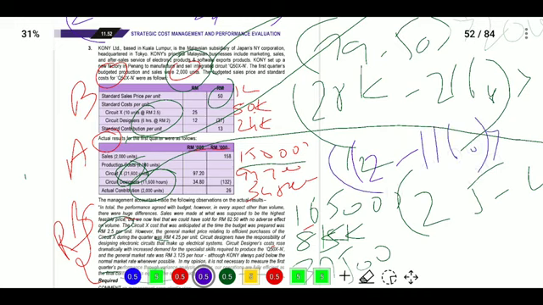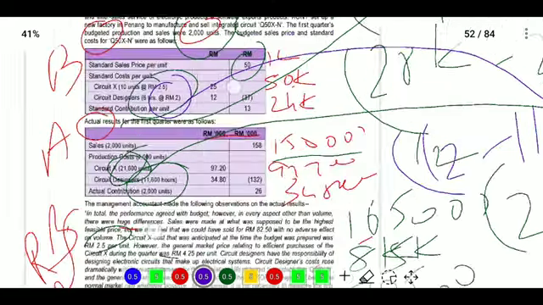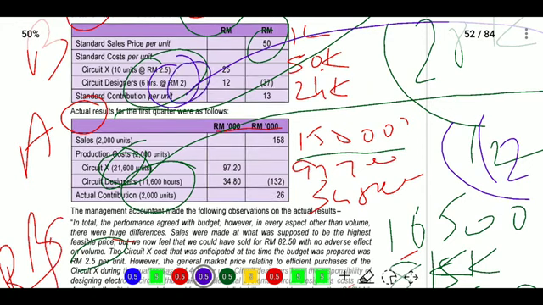Price means we will take the standard price at the rate of 2 rupees. Next, is there any price change? Yes, there is a price change, but for the actual, 34,800 divided by 11,600 will become 3 rupees.